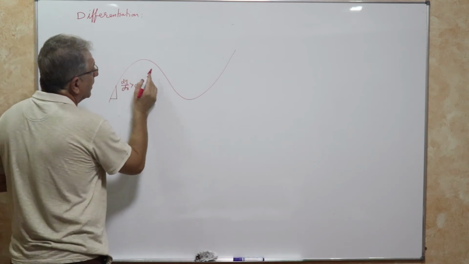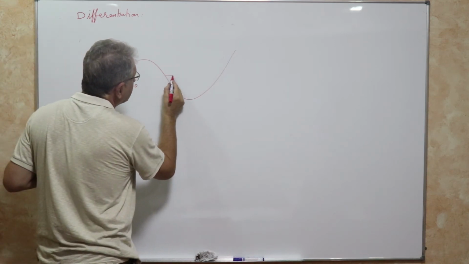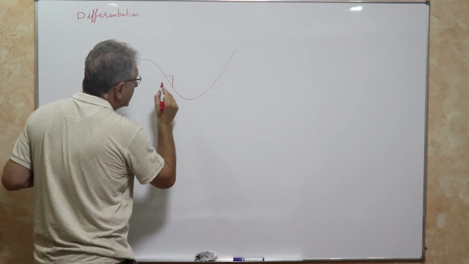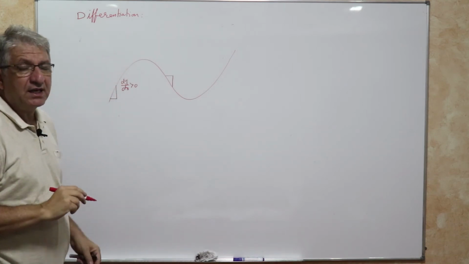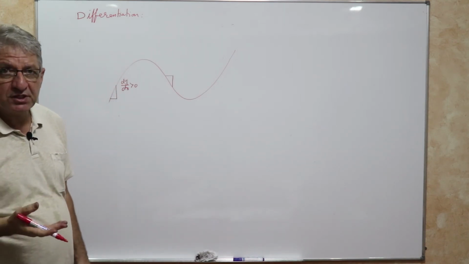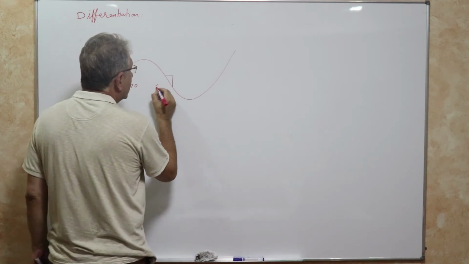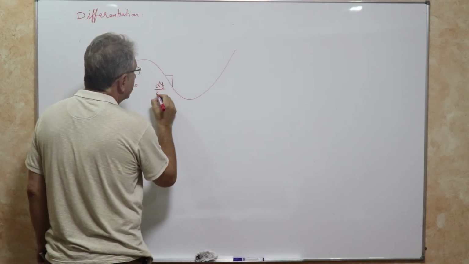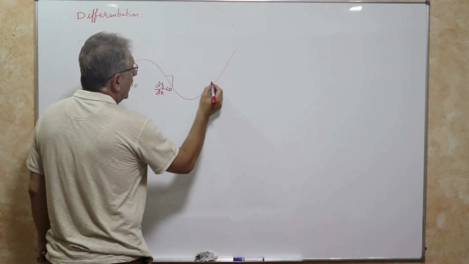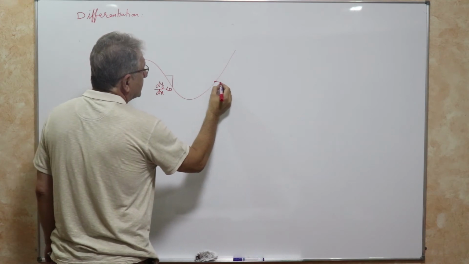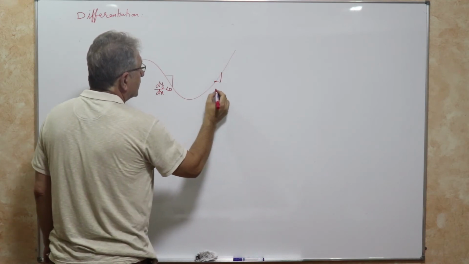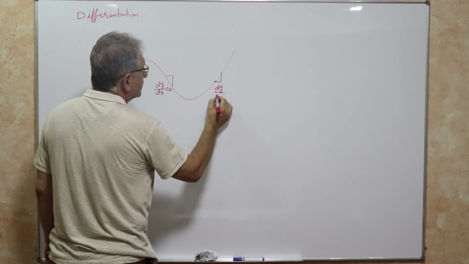But look at this part, whenever x increases, y decreases. Therefore, the difference of y is negative, but the difference of x is positive. Therefore, dy by dx is negative. And here, again, you can see that as x increases, y increases. Therefore, dy by dx is positive.